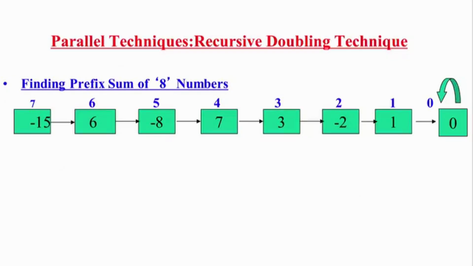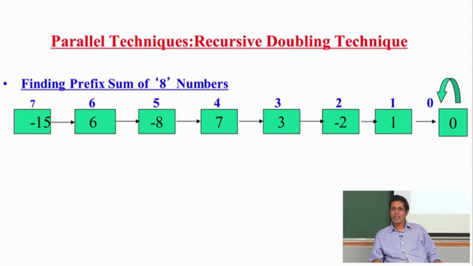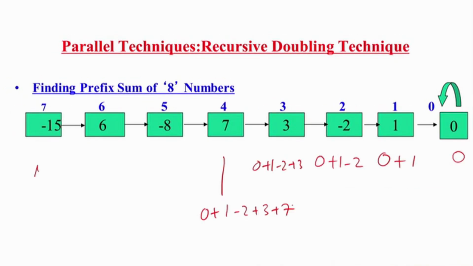Now, let us start with this very interesting technique called the recursive doubling technique. I want to find the prefix sum of 8 numbers. What I mean by prefix sum is: I want 0, 0 plus 1, 0 plus 1 minus 2, 0 plus 1 minus 2 plus 3, and so on, up to 0 plus 1 minus 2 plus 3 plus 7 minus 8.